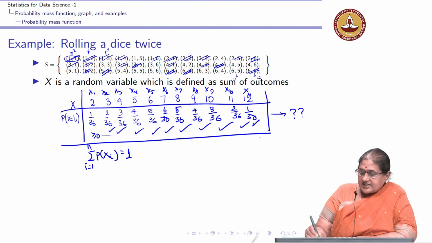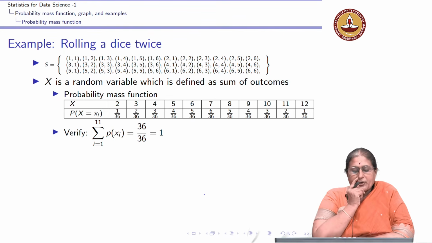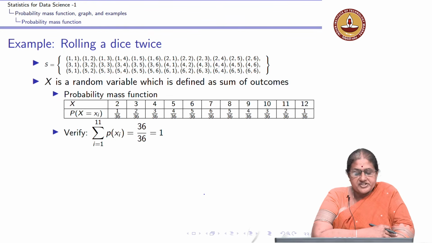So you can see that this is 36 over 36, which is equal to 1. And I can see that this indeed is a probability mass function.